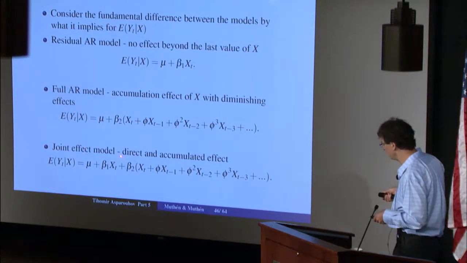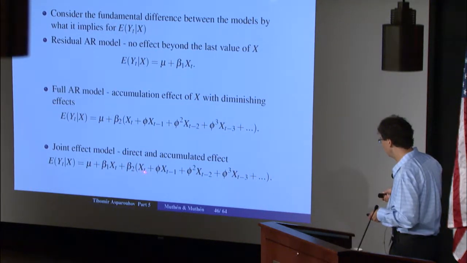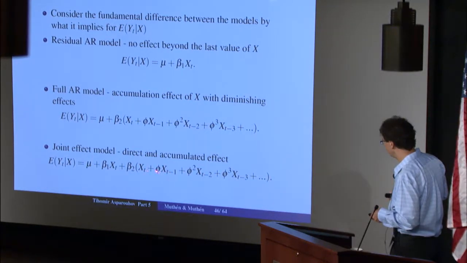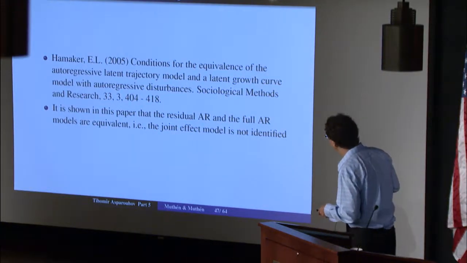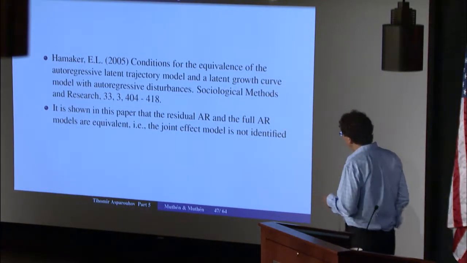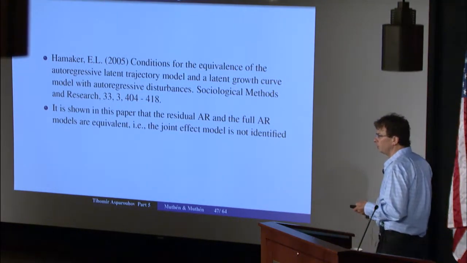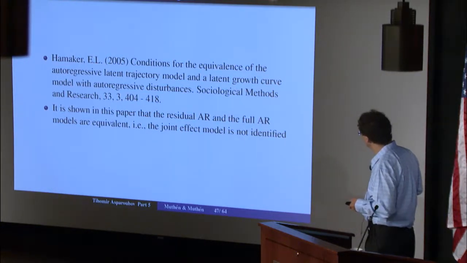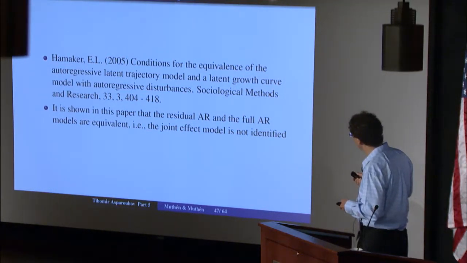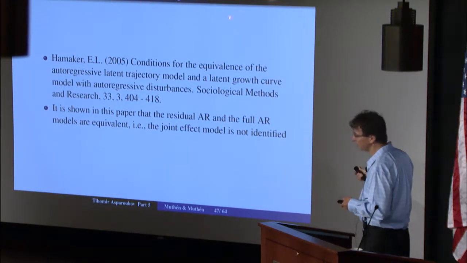And finally, the joint effect model has both of these. It has the direct effect, and it also has this accumulated effect. So this is the general picture. However, as we worked our way through this modeling, we started first by considering the very simple case when the covariate is time, which is basically the linear growth model.